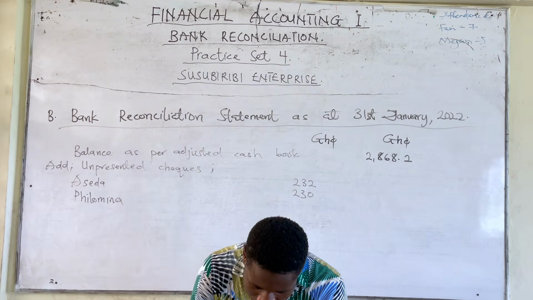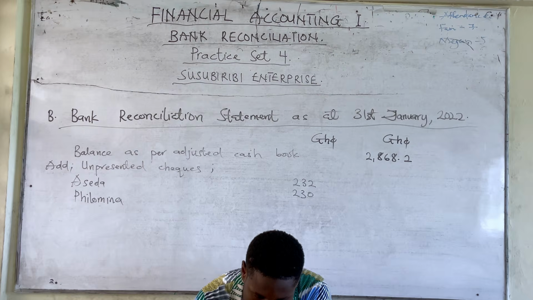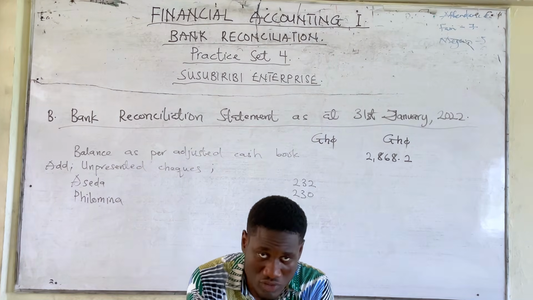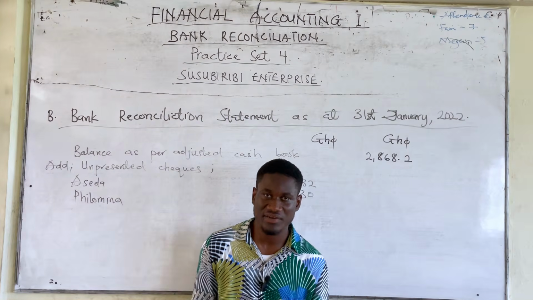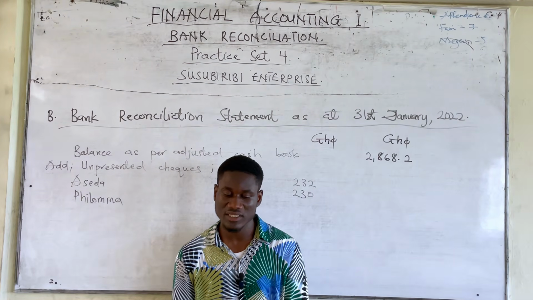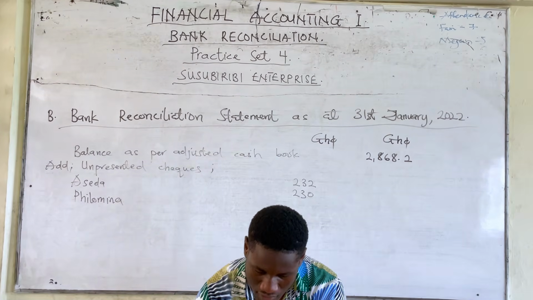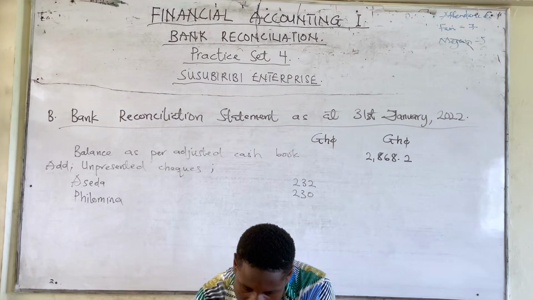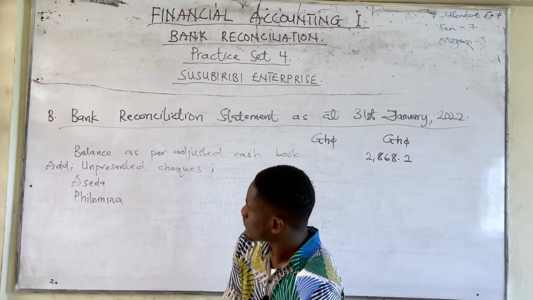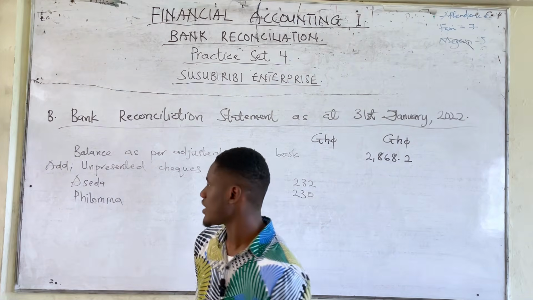Now we move to Daku Anna. Daku Anna was credited but was not debited in our bank statement. Okay, so whatever we are crediting, the bank should be debiting, but here lies the case that the bank did not debit the bank statement. Good. So Daku Anna here was 395.